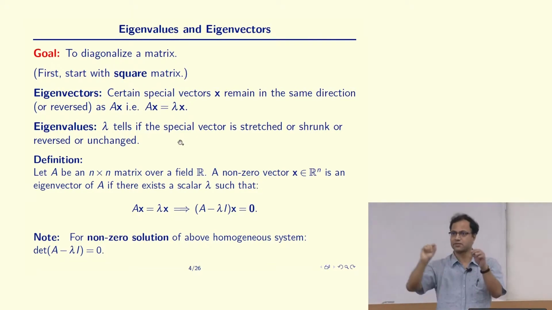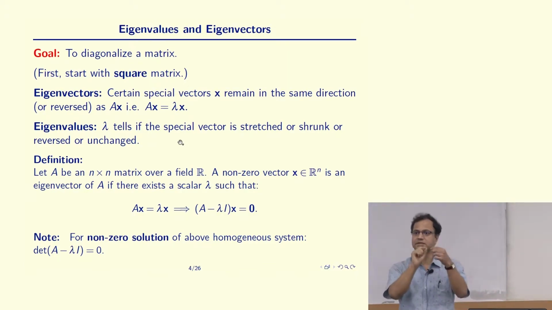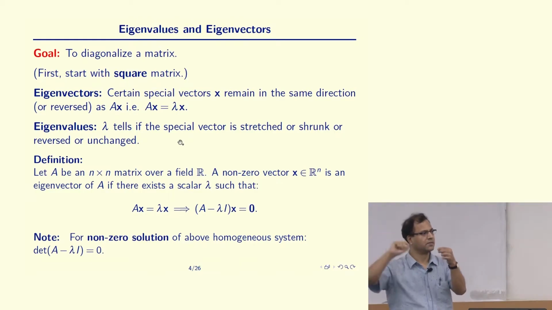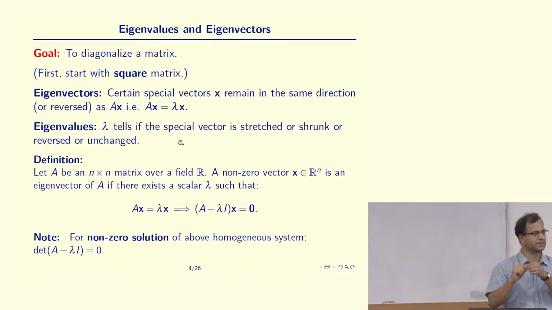Not all vectors will preserve this property, right? Some special vectors in Rn, because we are considering A as an n by n matrix, will preserve this property of direction when we apply the matrix A. So those special vectors are called the eigenvectors.